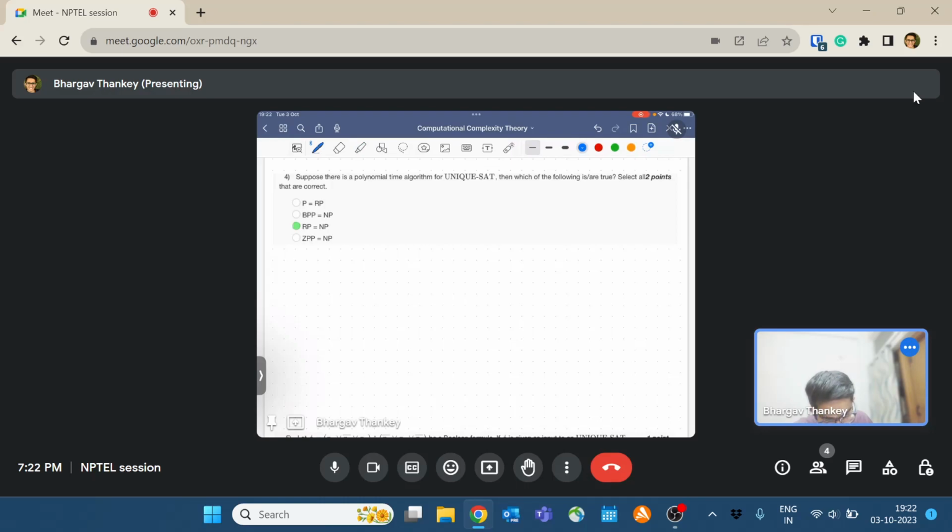We saw in class that there is a randomized reduction.